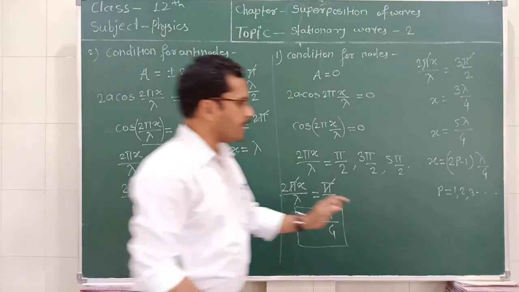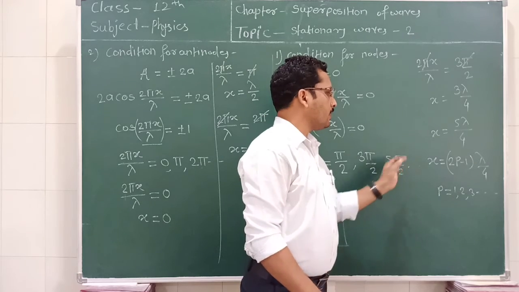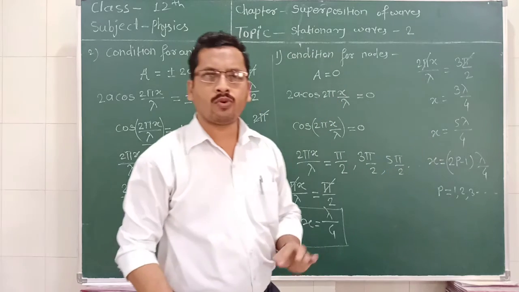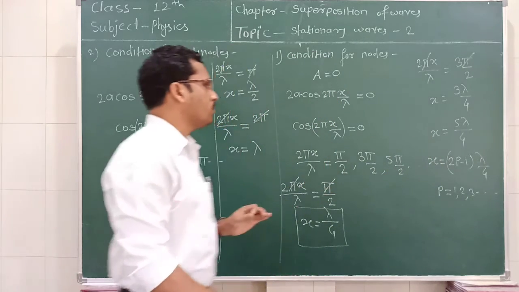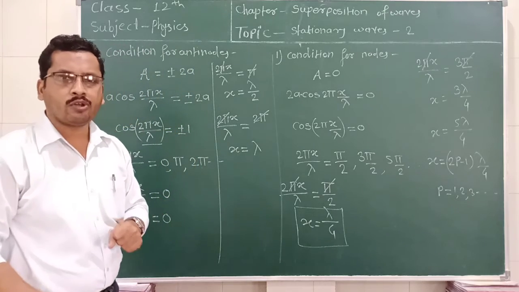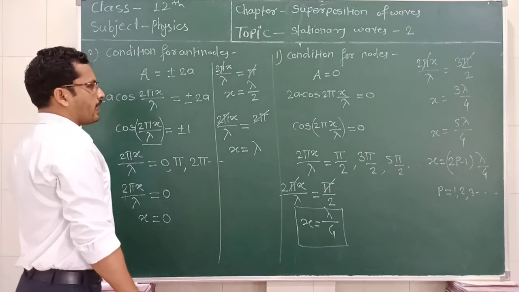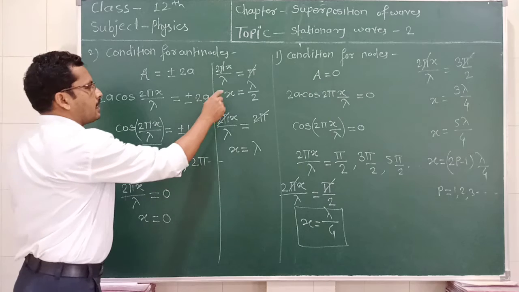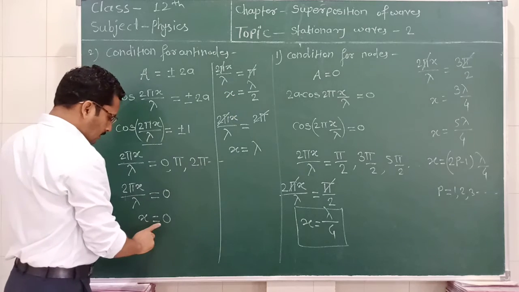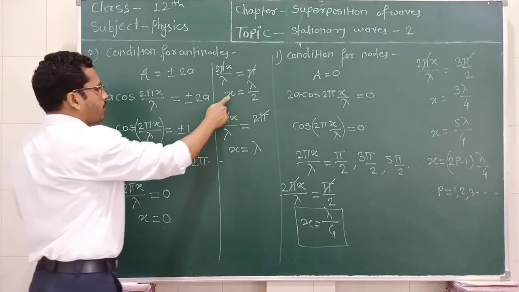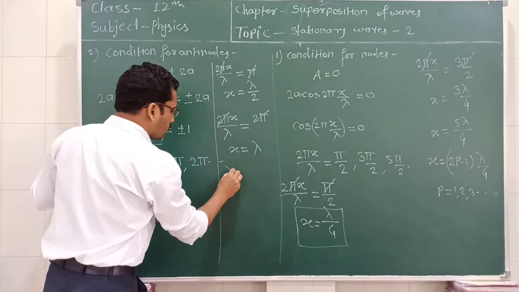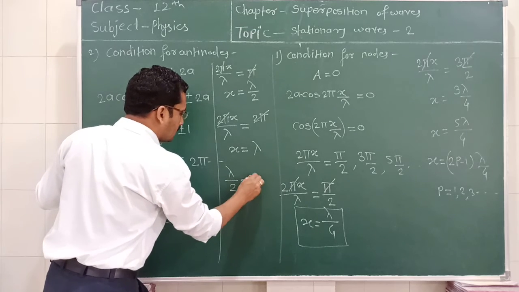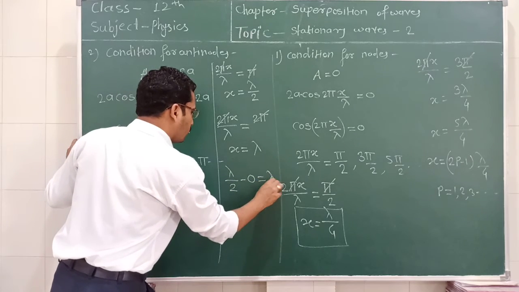As we derived, the distance between two successive nodes comes to be lambda by 2. What happens in the case of antinodes? In the case of antinodes, if we subtract the value x equal to 0 from x equal to lambda by 2, we get lambda by 2 minus 0, which is equal to lambda by 2.